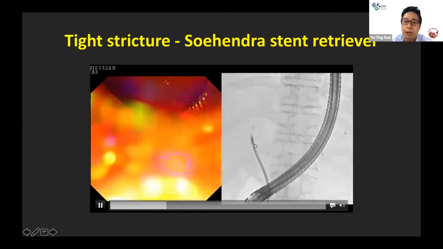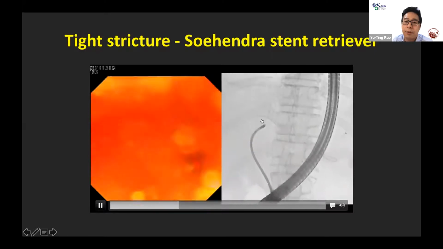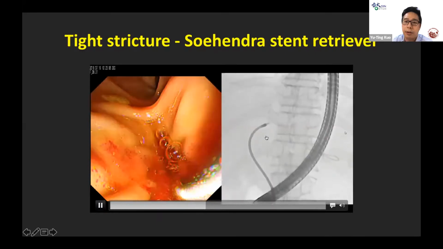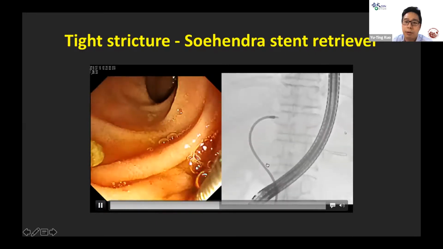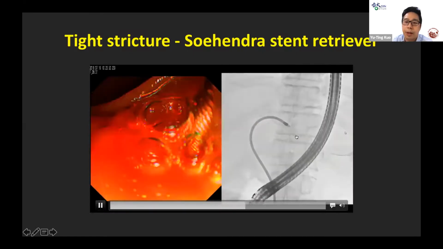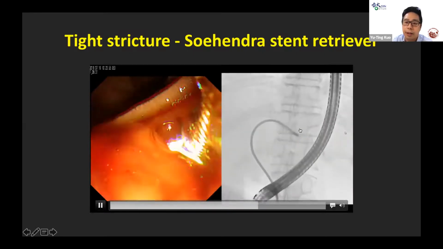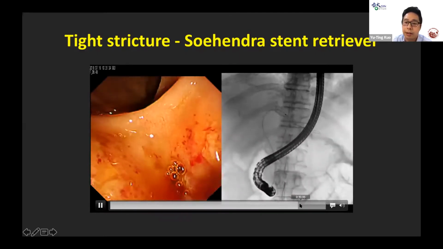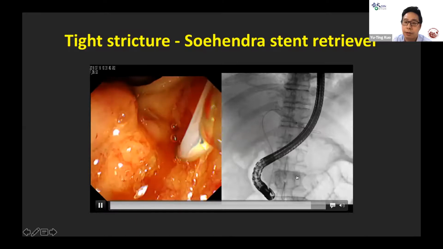A very thin catheter cannot be placed. So we can use this Soehendra stent retriever to screw in, with your assistance slightly withdraw your guide wire, and you can slightly push the Soehendra stent inside, and then the catheter can go in, and you can do the following procedures.